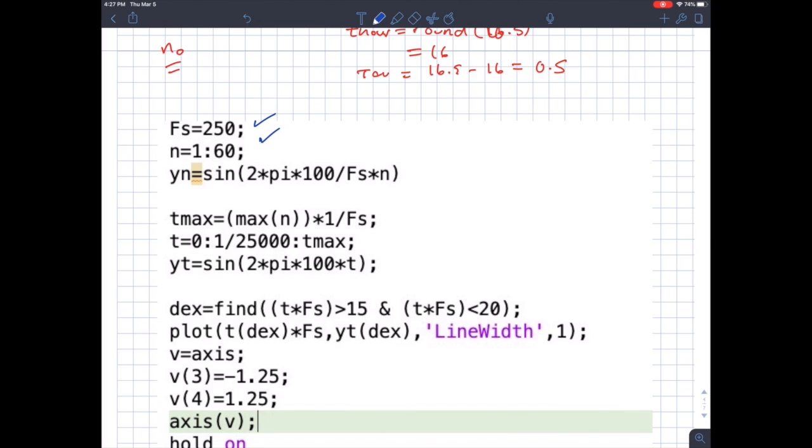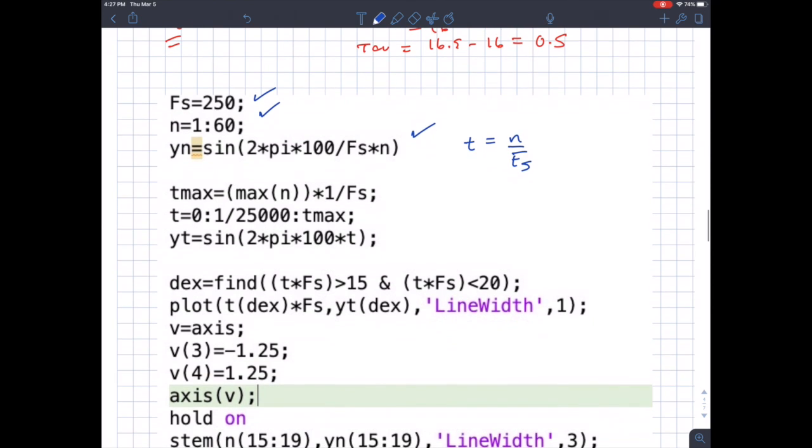We take 60 samples of sine 2 pi 100 t, where we're sampling it, so t is equal to n over fs. I wanted to also generate the actual signal. We're going to interpolate, and then see how close it is compared to the actual signal.